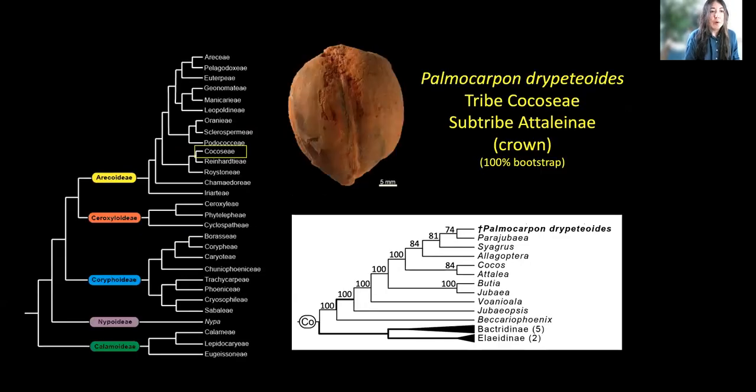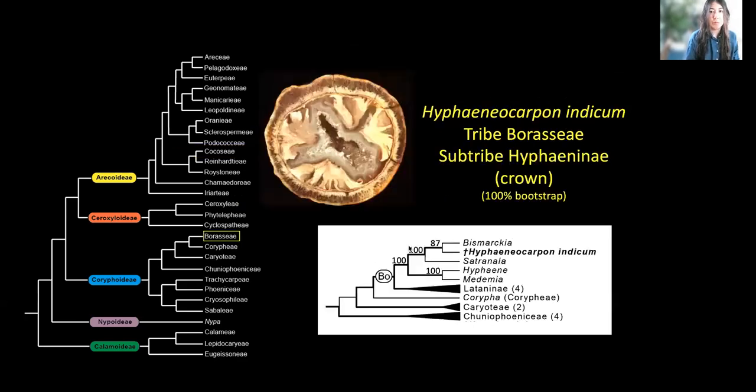All right, so Palmocarpon drypetioides was placed in subfamily Ericoideae in tribe Coccoceae, and within the crown group of its subtribe Adelaeinae, which is shown here. Hyphaneocarpon indicum is nested in the subfamily Coryphoideae in tribe Borasseae, and in its subtribe Hyphaeninae, with Bismarckia and Satranala.